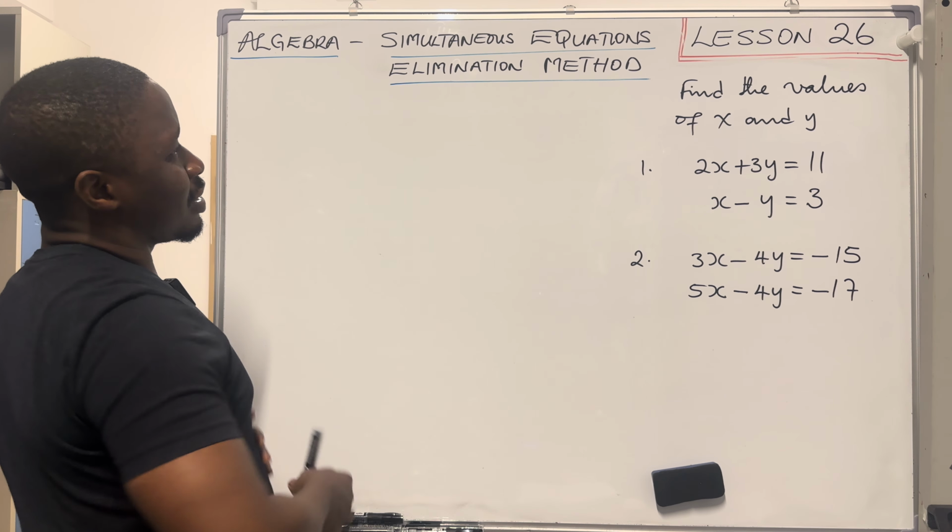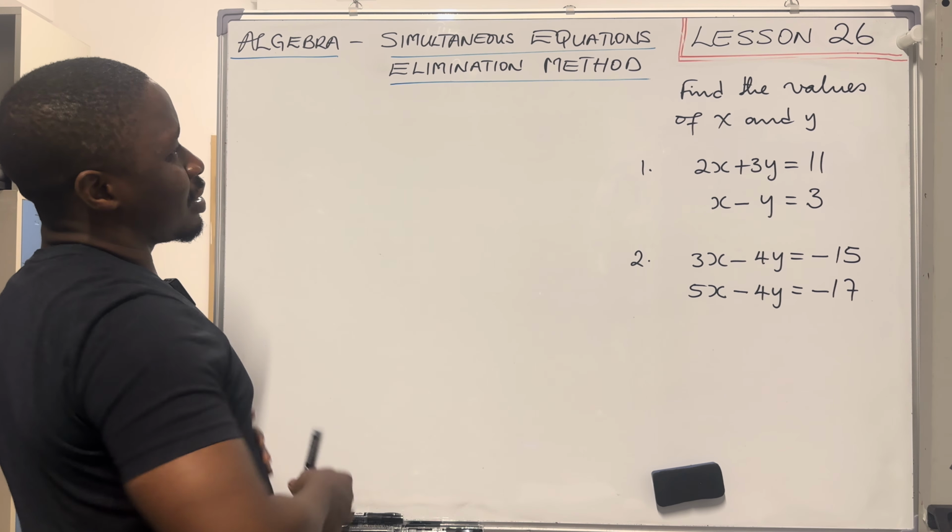Let us look at equation 1, which is 2x plus 3y equal to 11. We want to prove that our answers are correct. On the right hand side, there is no x or y, so let us avoid that one. Let us work on this.